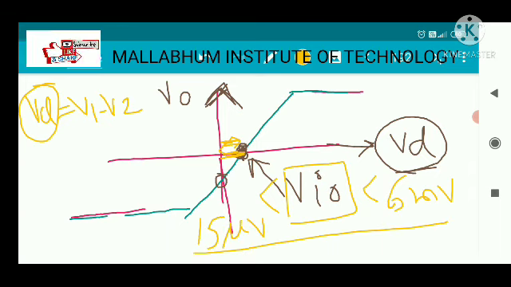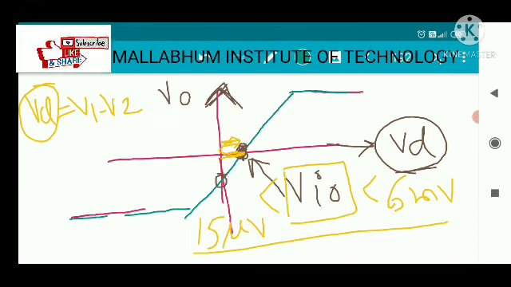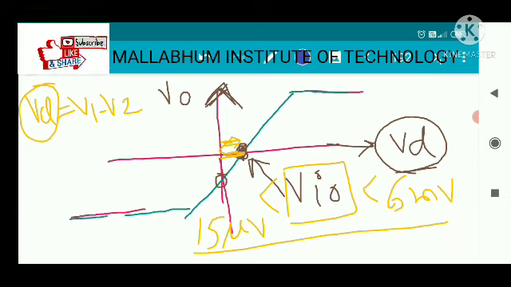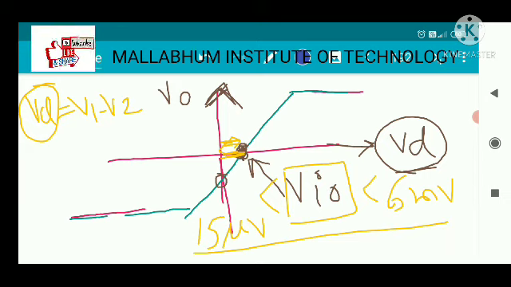Now I am going to explain it in a very simple manner. The input offset voltage is that amount of voltage that must be applied between the two input terminals of the op-amp to make the output 0. It is supposed to be that when both input voltages are 0, the output voltage is also 0.